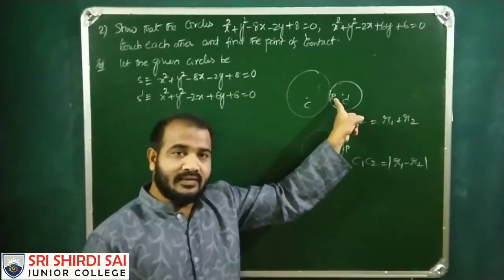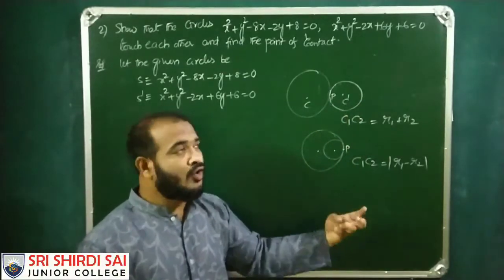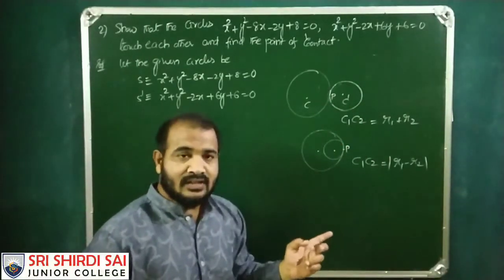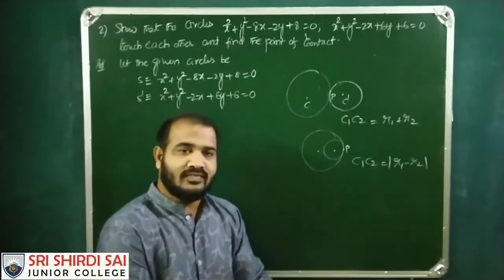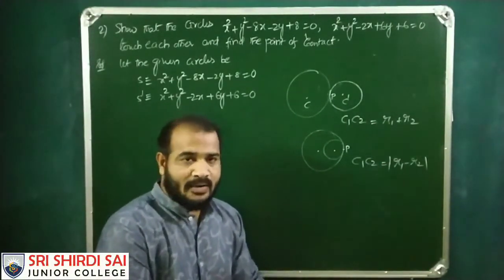So therefore in the relative position of the circles, at the outset we have found P, but here there is no need, because for two circles the radical axis is nothing but their common tangent, S minus S dash. Through this we will get the common tangent.